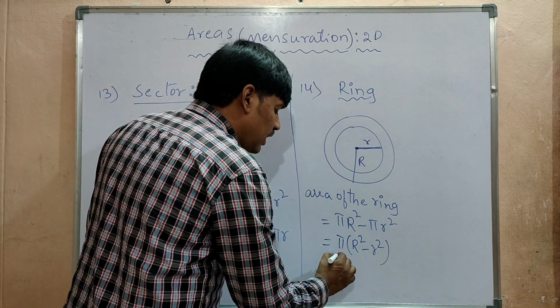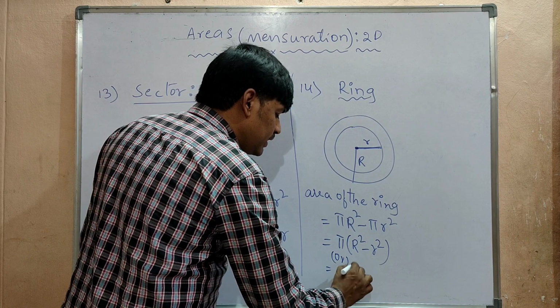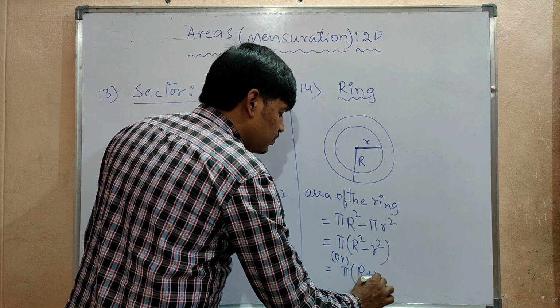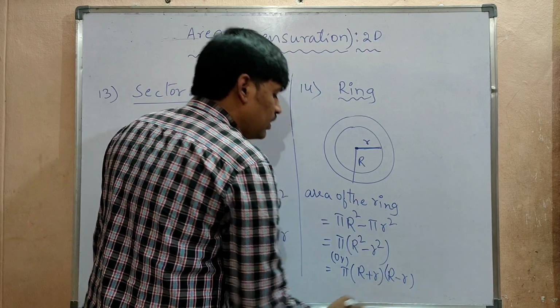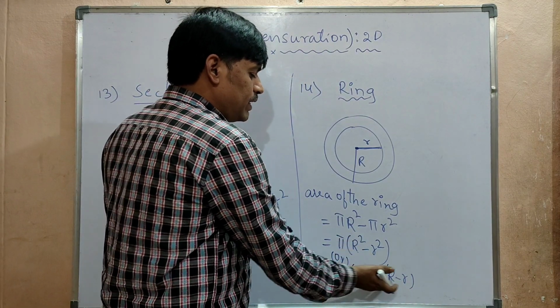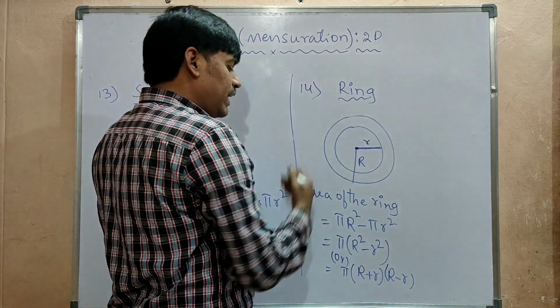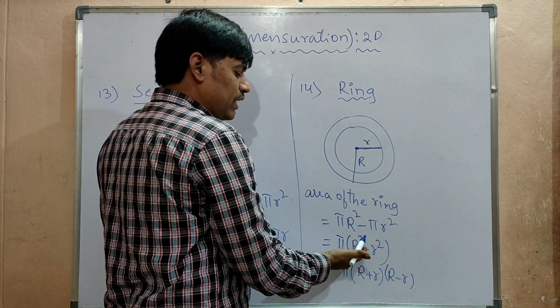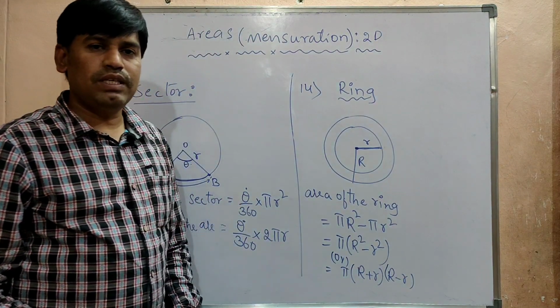Or its another form is pi into R plus r into R minus r, using the a plus b into a minus b formula. So the ring area is equal to pi into R square minus r square, or pi into R plus r into R minus r.